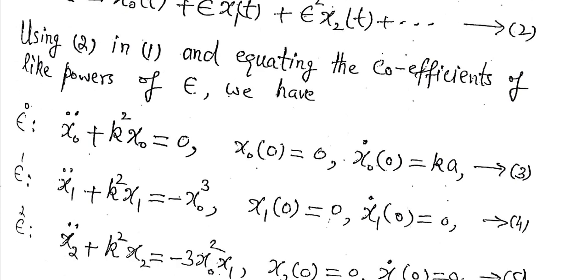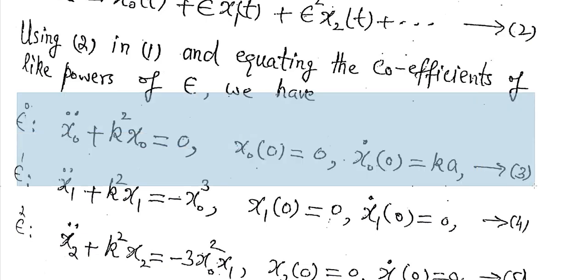Number 1, for epsilon power 0, the differential equation is x naught double dot plus k square x naught equal to 0, and the two initial conditions are given by equation number 3.